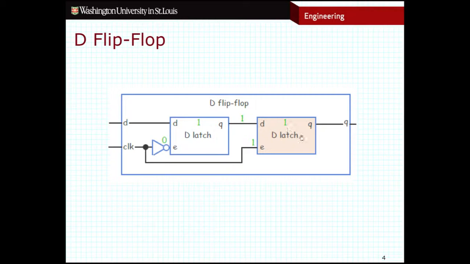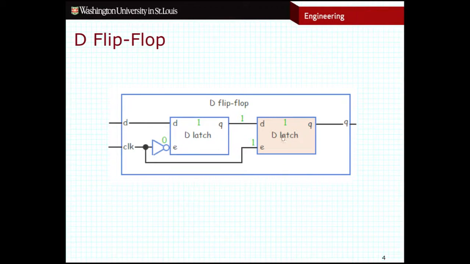So when does the value come over here? Well, there's a very important part of the clock cycle for a D flip-flop. The only time that the output of this D flip-flop can change is when the clock signal goes from low to high. Consider what happens when the clock signal starts out low and goes high.